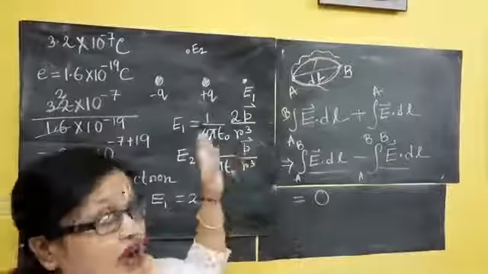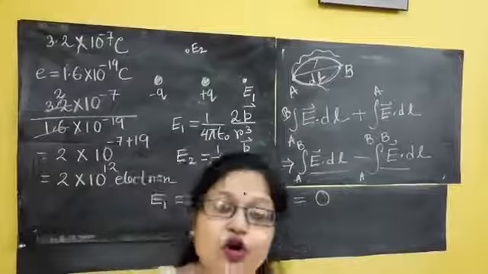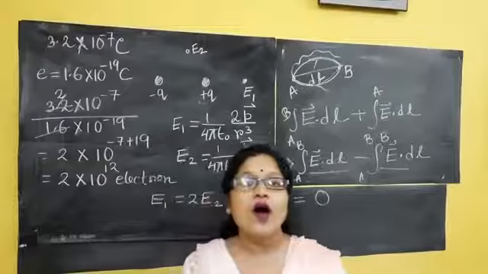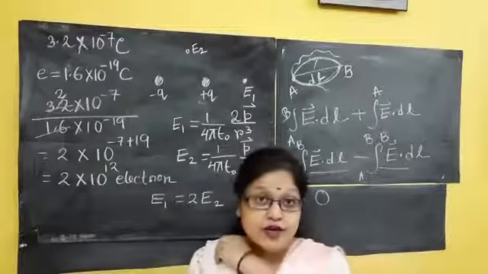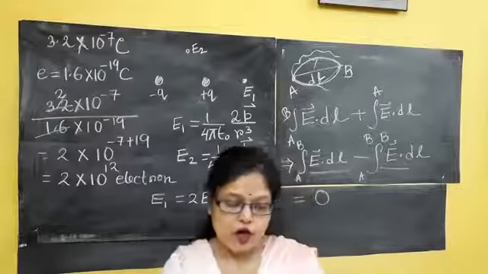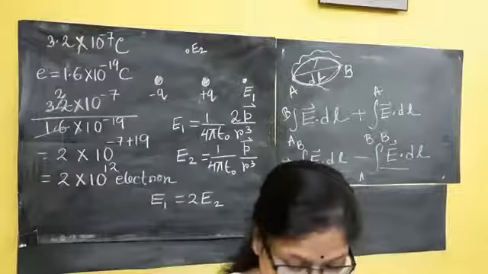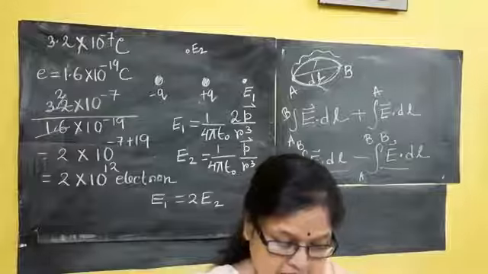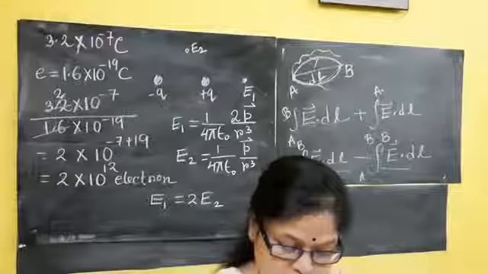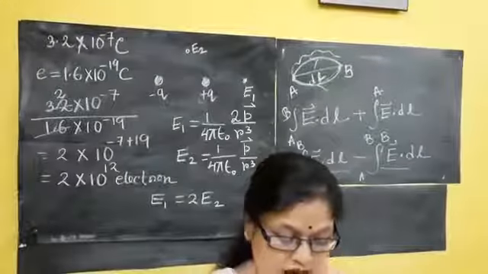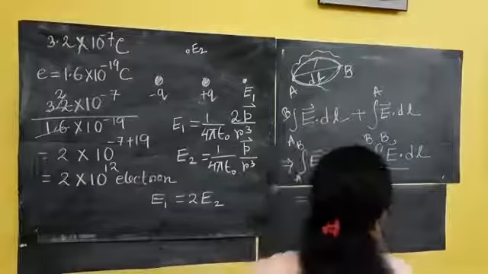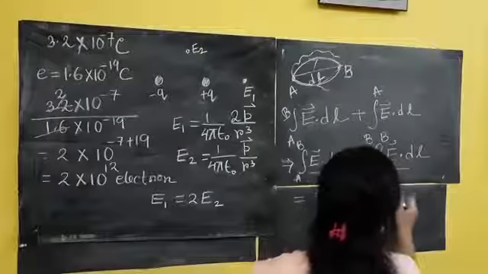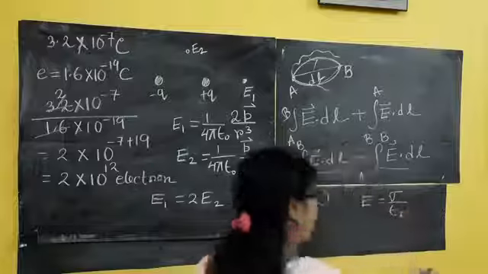The same thing we had done in the work done chapter also, to prove that work done in a few cases is a conservative force field. Clear? Now coming to the next question: show that the electric field at the surface of a charged conductor is given by E equal to sigma by epsilon 0. That proof we had done in class.